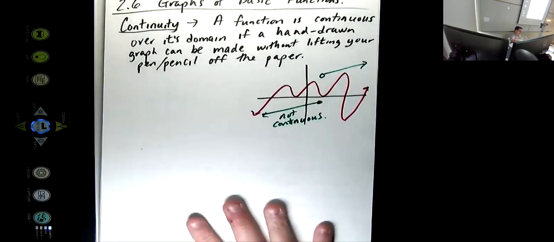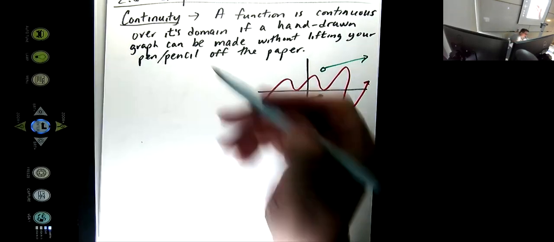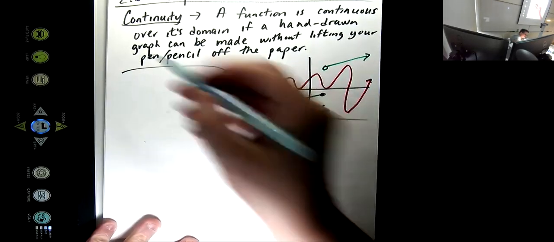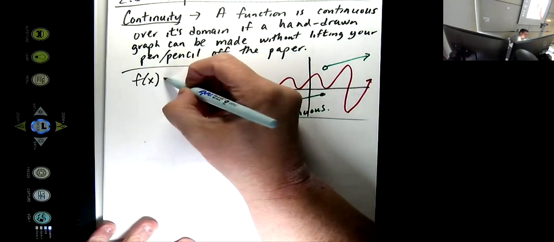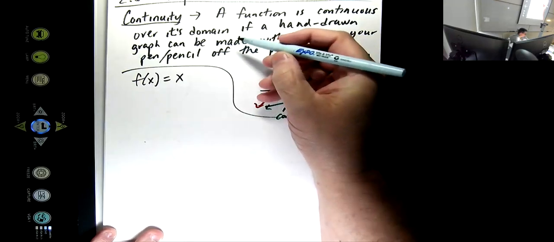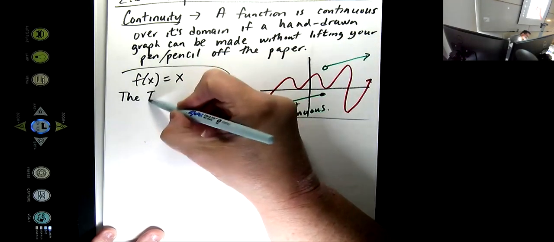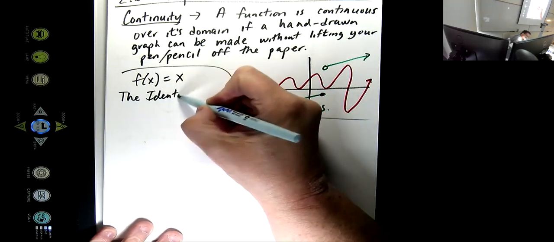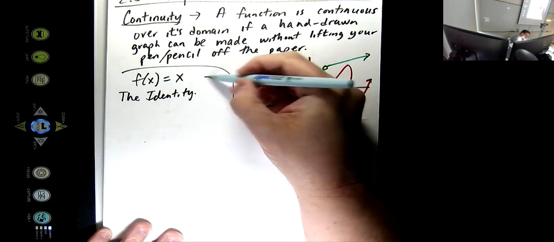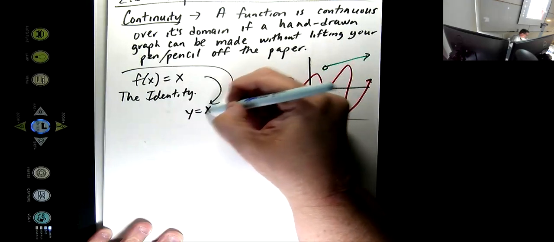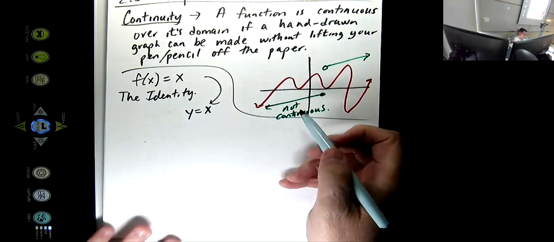All right, so our most basic graph. f of x equals x. This graph is called the identity, which is stupid. It's because y equals x. When we get rid of f of x, y equals x.